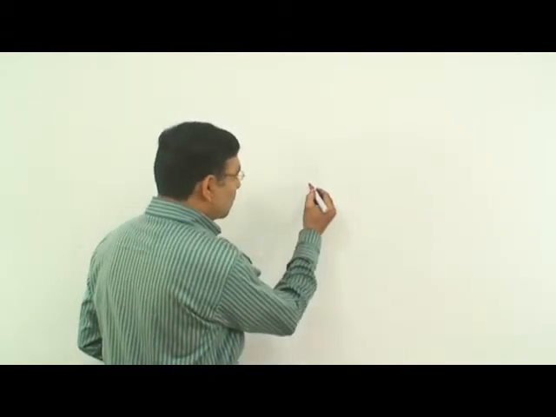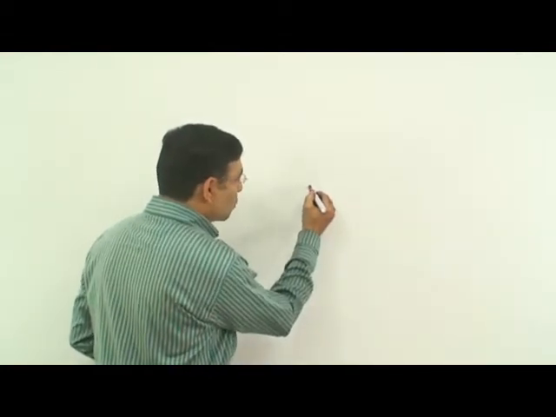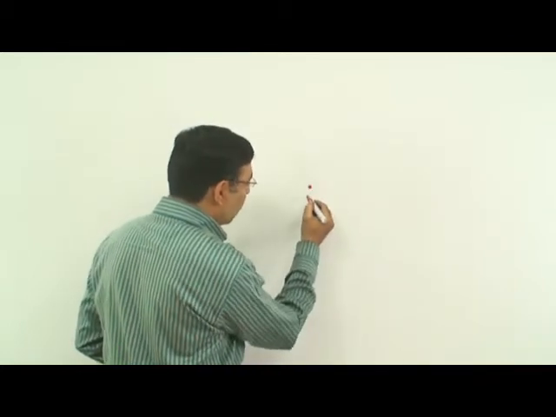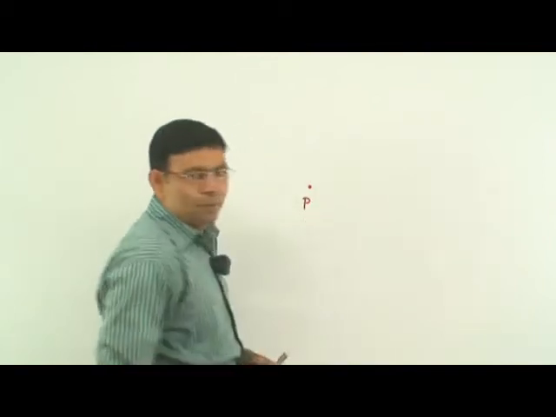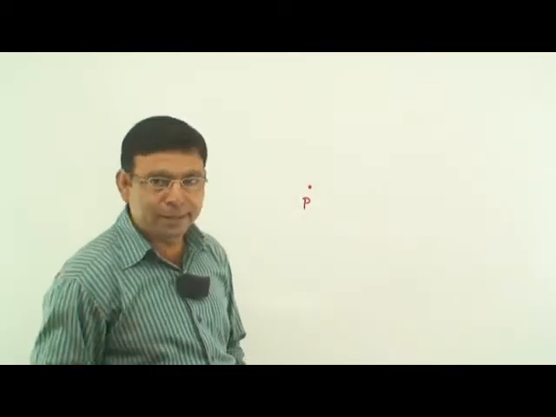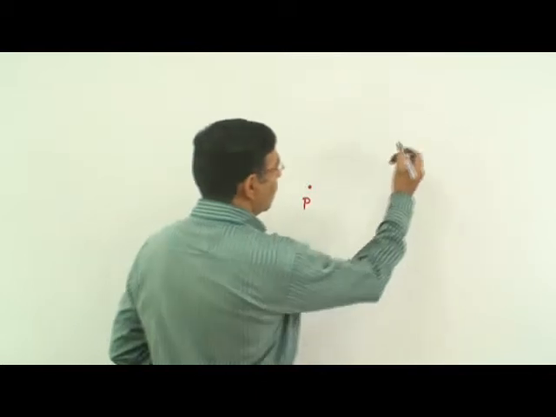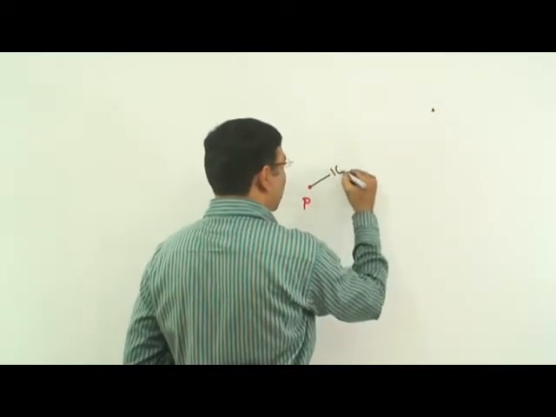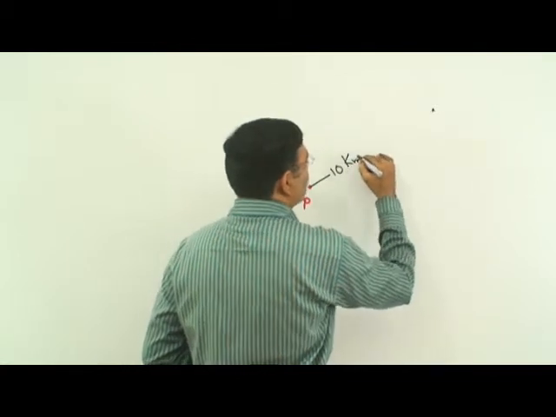Let me give a beautiful example of vector quantity. Suppose a group of new students land up in Hyderabad and they are at this point P. And suppose they want to go to some science center which is somewhere over here. Say it's about 10 kilometers from point P in this direction.